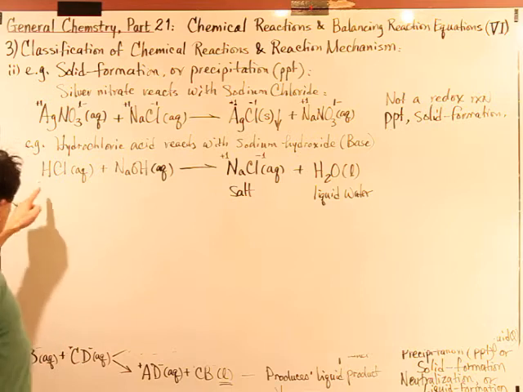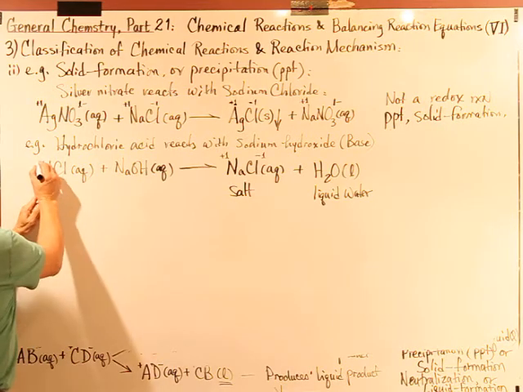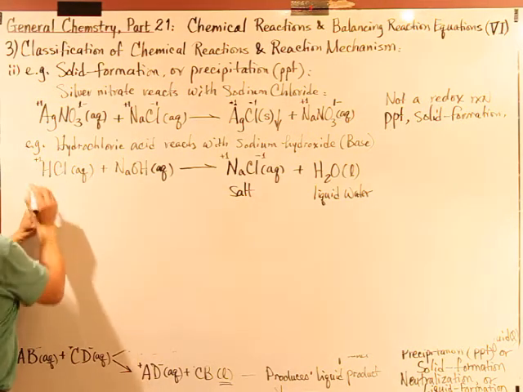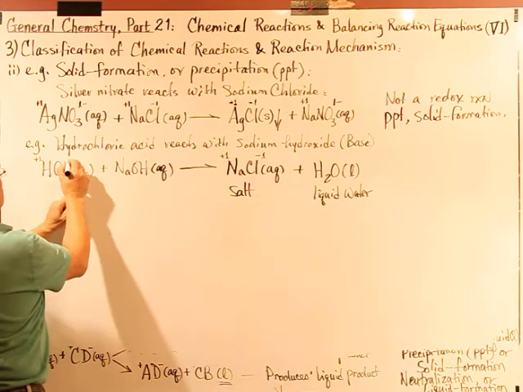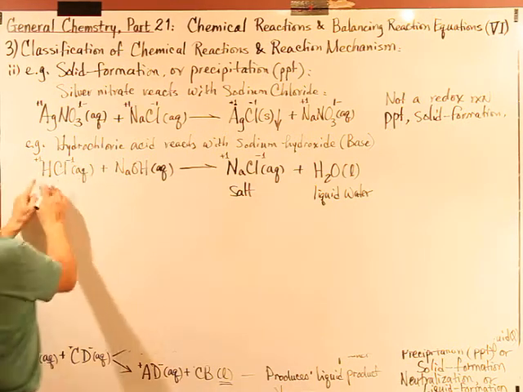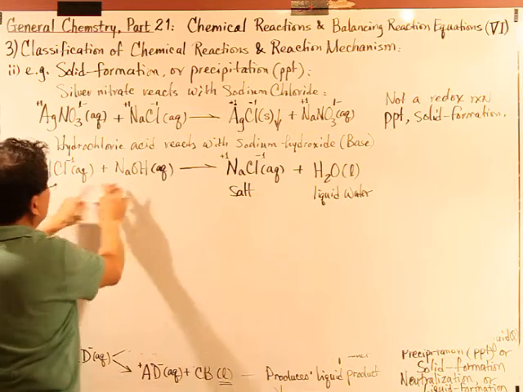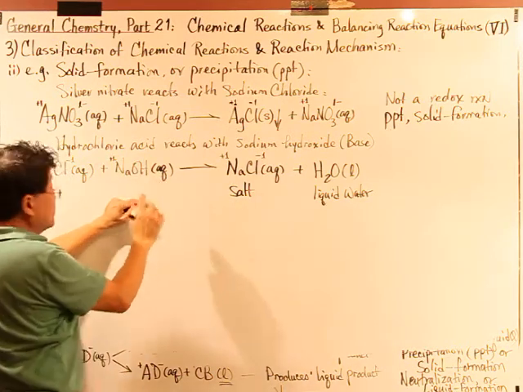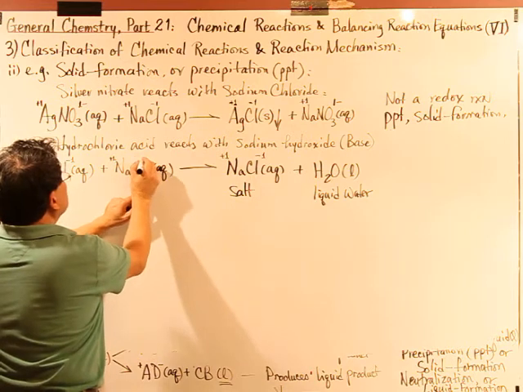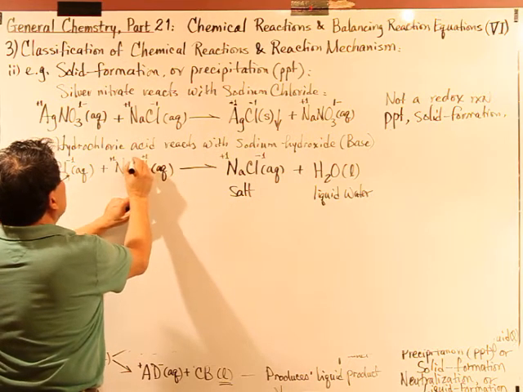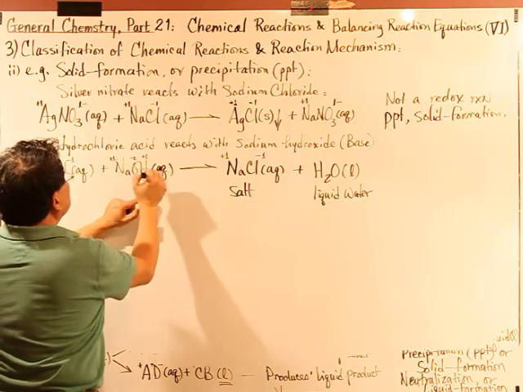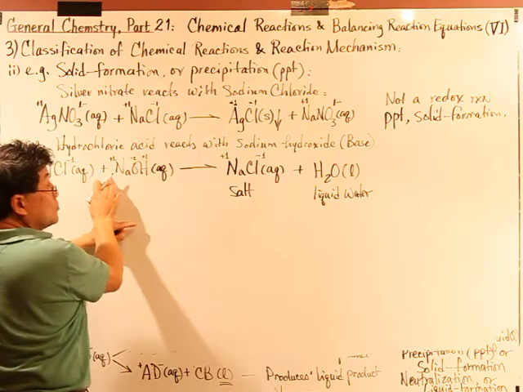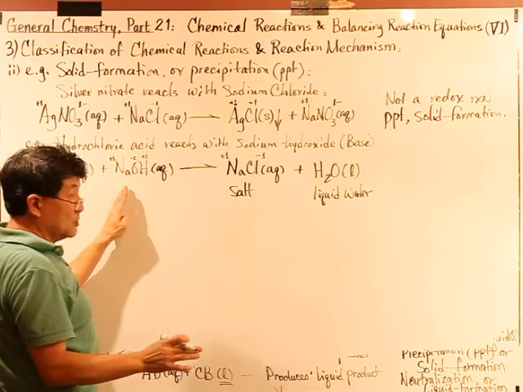Let's double check. Hydrogen is +1 as oxidation state to start with, and the chlorine is -1, as reactant. Here's +1 for sodium, and the hydroxide, what? Hydrogen is +1, oxygen is -2, so the whole thing is -1, +1, a neutral compound.